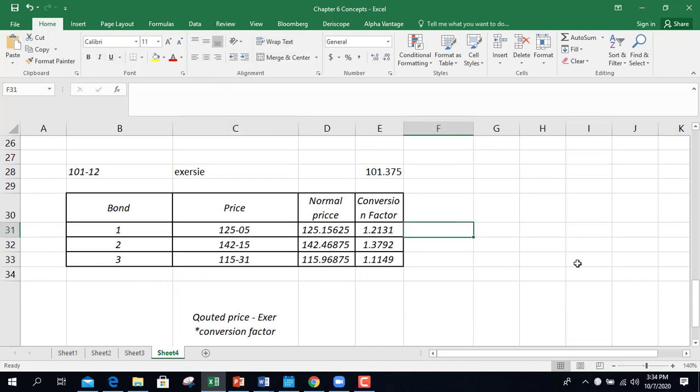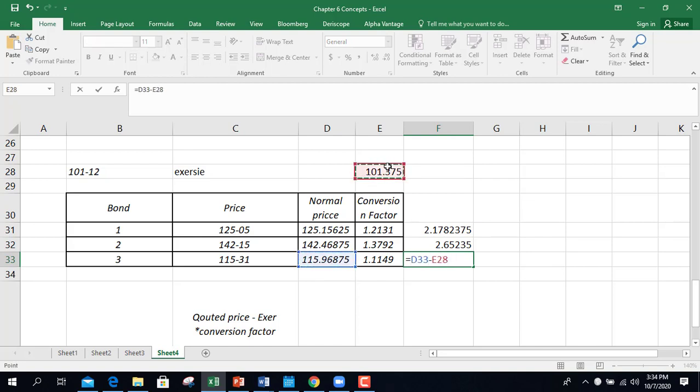So if we do it here, it will be quoted price minus exercise price into conversion factor. So $2 for this bond. Next one is quoted price minus exercise price into conversion factor. Last one, quoted price minus exercise price into conversion factor.